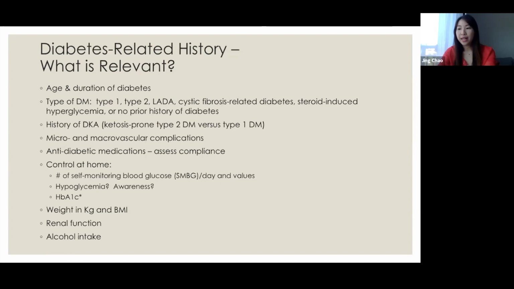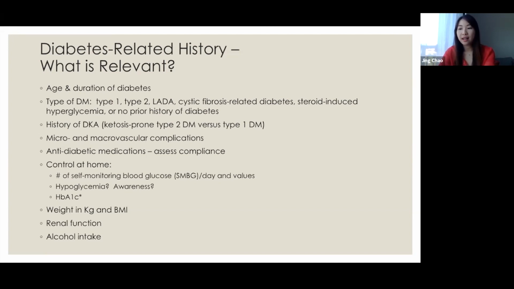Since the COVID pandemic hit us in 2020, we have seen a rise in DKA episodes in patients with type 2 diabetes who present with acute COVID infection requiring hospitalization. The exact mechanism for this is not entirely clear yet, but we just know that this does happen.